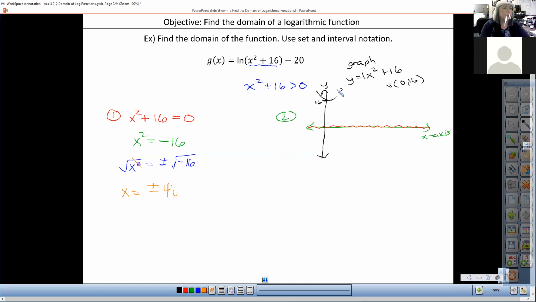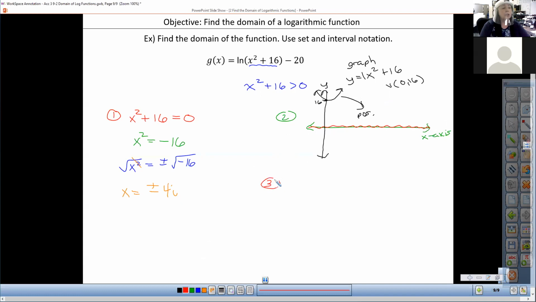So here's your parabola. Notice that it's all above the x-axis. So everything is positive. And that means all x's create positive values. So all x's are in the domain, all real number x's.